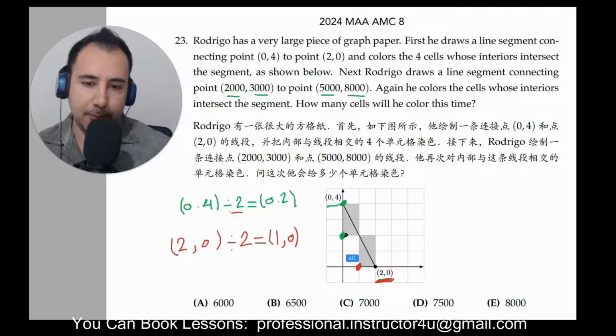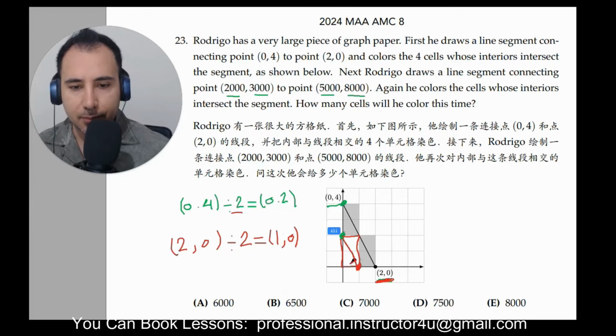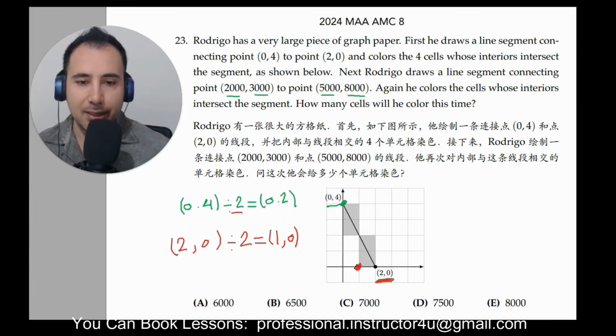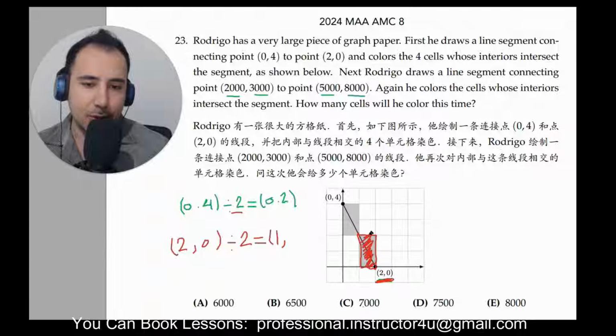Let's just try. So when we divide everything by 2, we're going to get this shape instead. And again, how many intersections? This one and this one. In other words, when we divide everything by 2, instead of having two of these rectangles, we're going to get half of it, okay? So what does that mean? That means we could do one of them. It's intersecting 2.